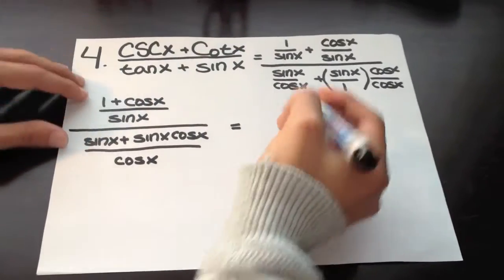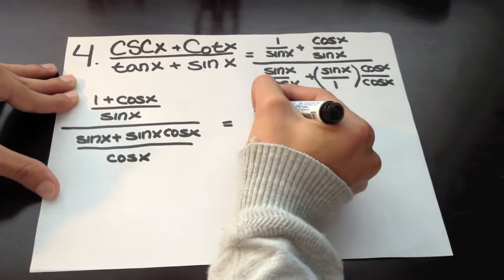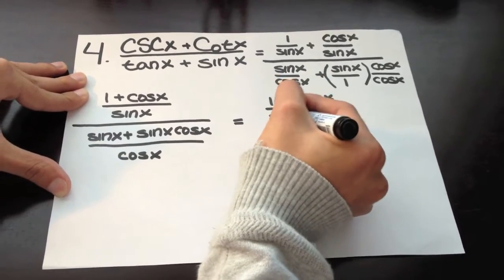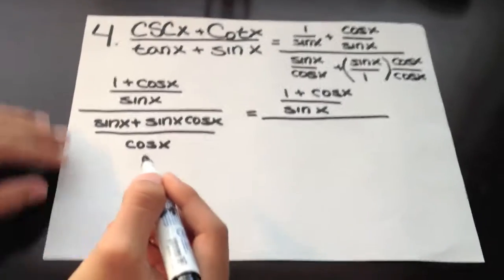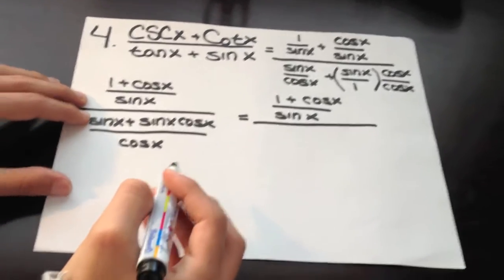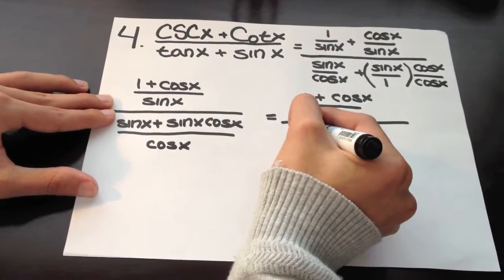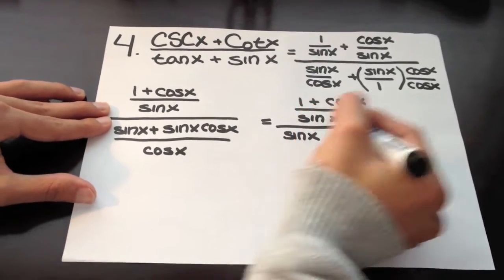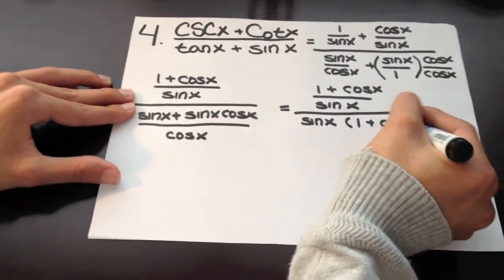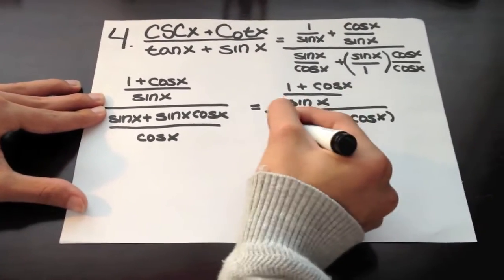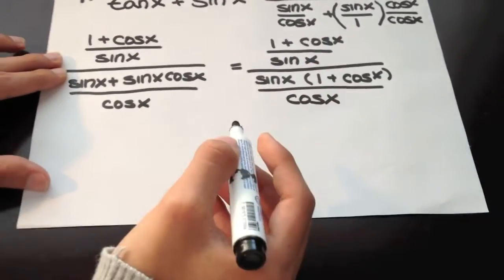This can be written as 1 plus cos of x over sine of x, over... notice how you can factor out a sine of x in the bottom, so that's going to leave you with sine of x times 1 plus cos of x over cos of x.